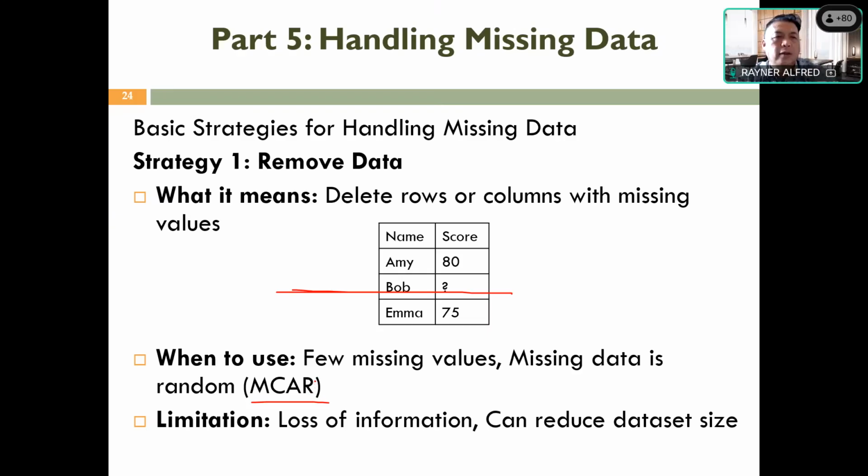So you cannot predict, you cannot generalize. So you have no pattern. So the best way is to remove the data. But if you remove the data, then you will lose some information, or it can reduce your data set size.